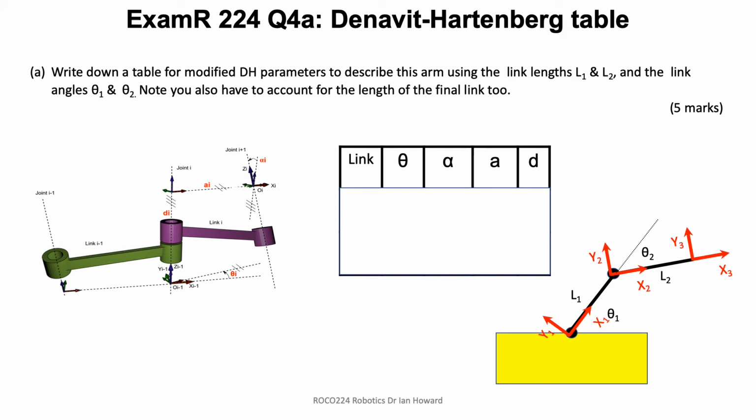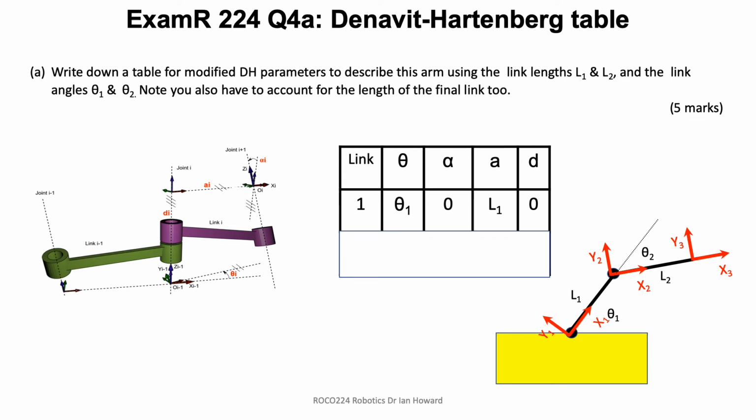In this kind of arrangement, obviously we've got no twist. So the z-axes are already all pointing in the same direction in the first place. Consequently, the alpha value is going to be 0. So it comes down to how far away we are between the two z-axes of adjacent joints.